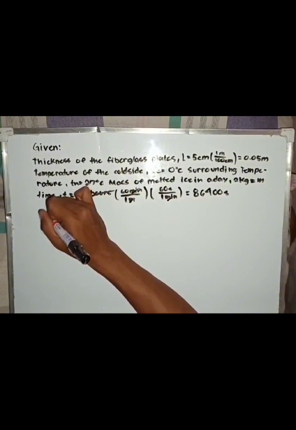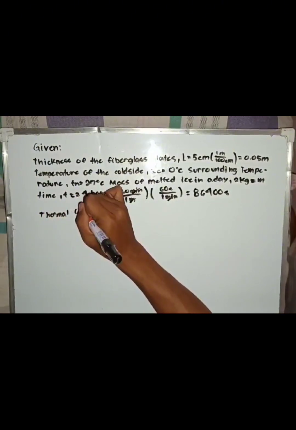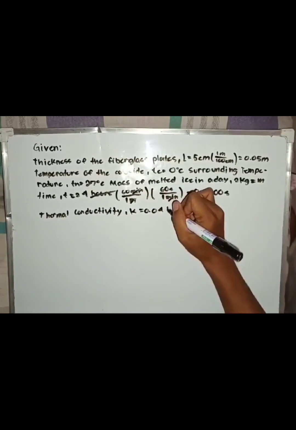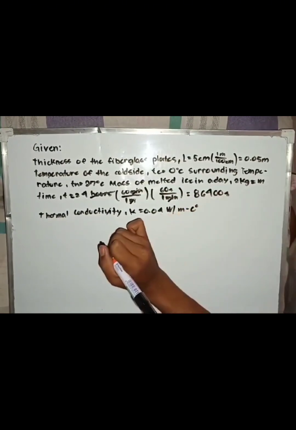Hours will cancel, minutes will cancel, leaving us the unit of seconds in our final answer for the time variable. 24 times 60 times 60 is equal to 86,400 seconds. Last, we are given the thermal conductivity of fiberglass, denoted by K, and K is equal to 0.04 watt per meter degree Celsius.